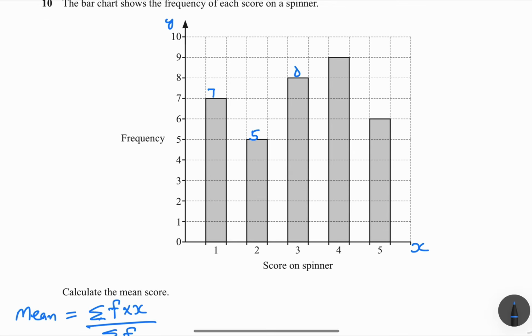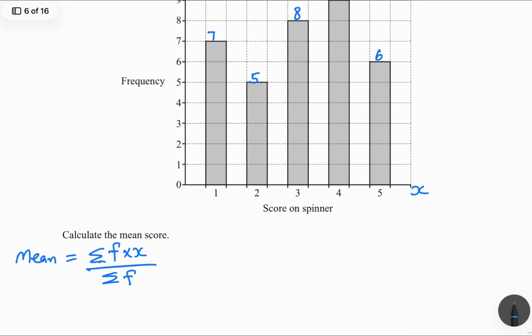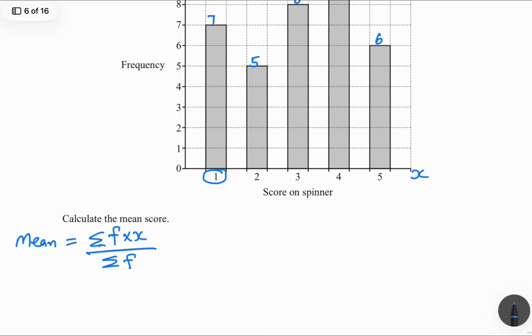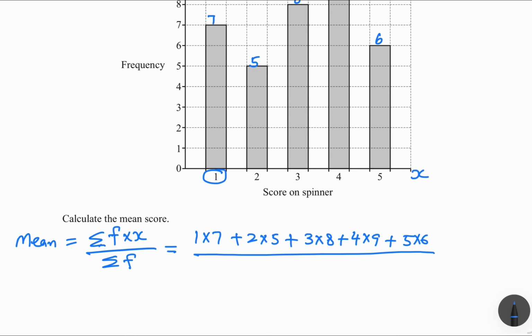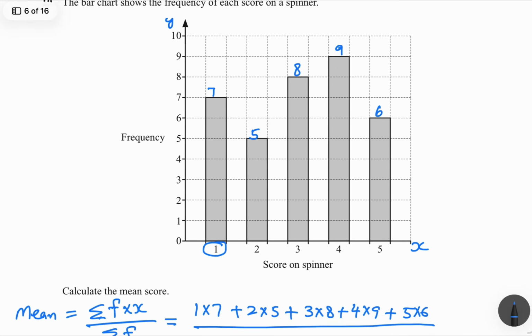So what we are going to do, we are going to multiply, this is the frequency here. So 7 times 1, or you can say 1 times 7, plus 2 times 5 plus 3 times 8 plus 4 times 9 plus 5 times 6, and divided by the total of the frequencies.